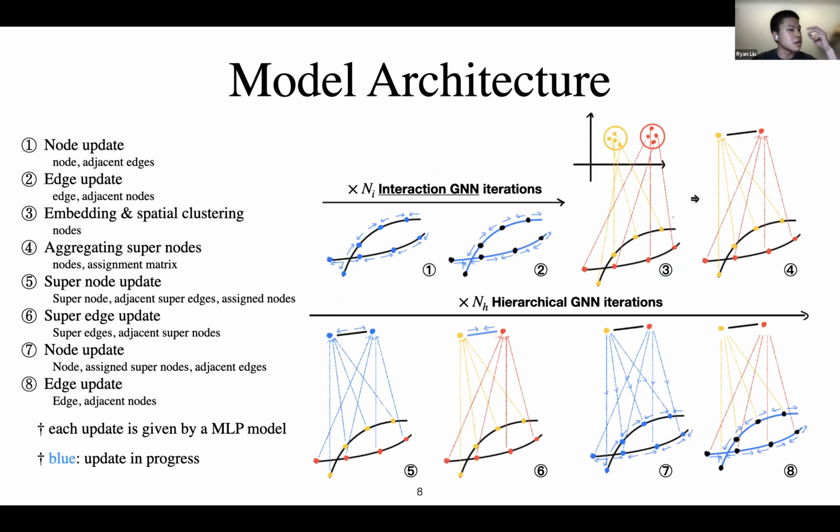As you can see, in the lower half of the diagram, the hierarchical GNN iteration still preserves the original graph structure. It only concatenated the supernode information to the original input of the interaction network updates. Oh, I see. Okay. Got it. Thank you.